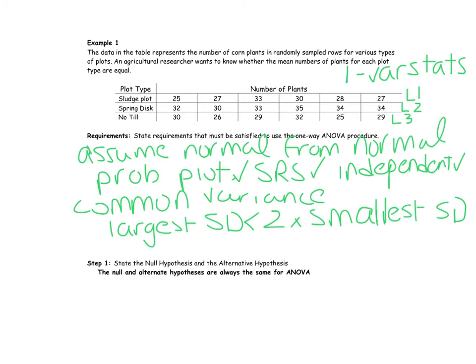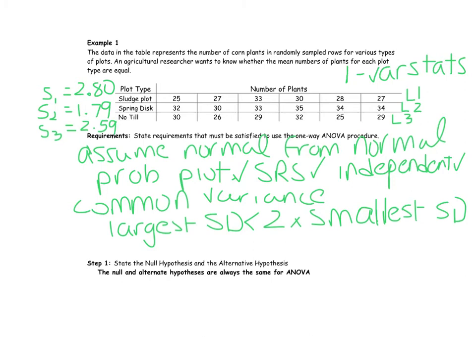And then you guys can pause and put all that into your calculator. And this is what we would get. So 1-var stats 3 times. S1 for the first plot is 2.80. S2 is 1.79. And S3 is 2.59.